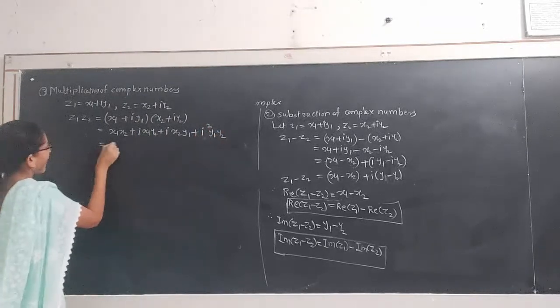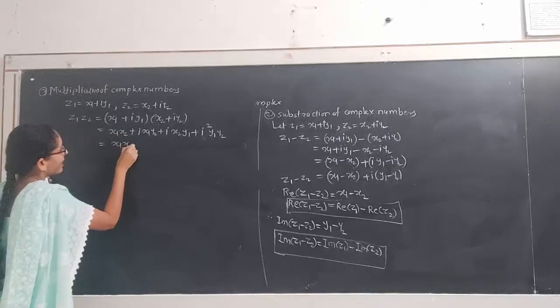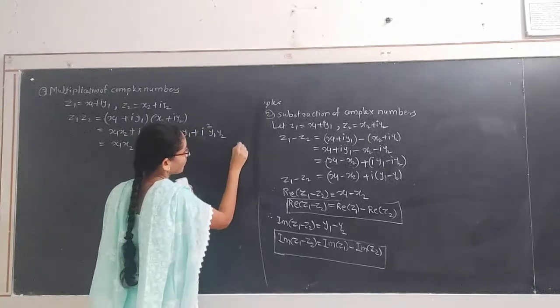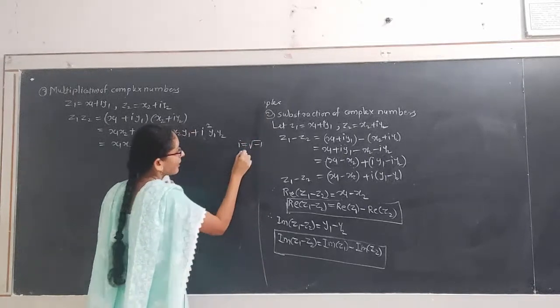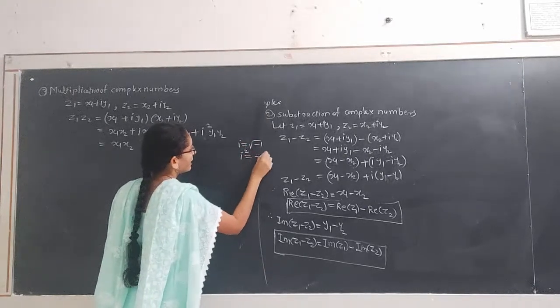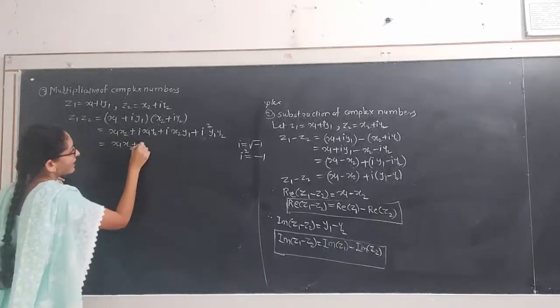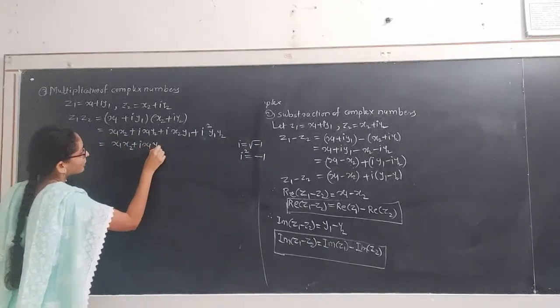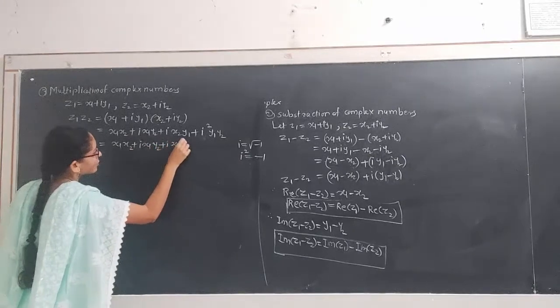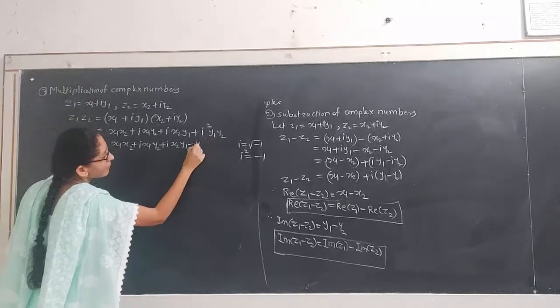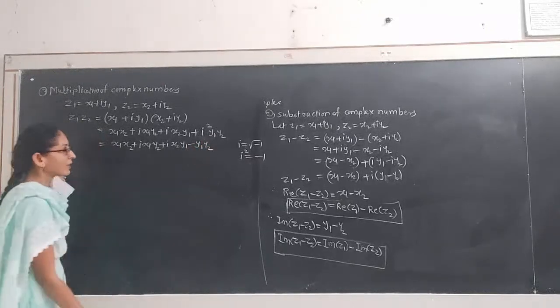But we know the value of i is the square root of minus 1, so i square will be minus 1 only. Hence we use this value as minus 1. Here, i into x1 y2 plus i into x2 y1, and because i square is minus 1, the last term will be minus y1 into y2.